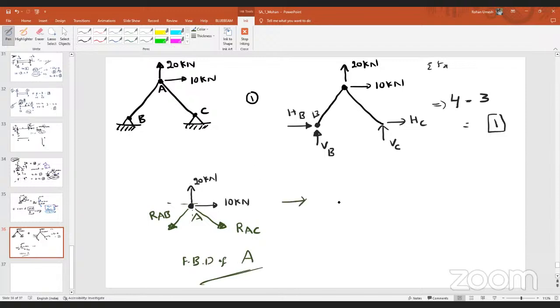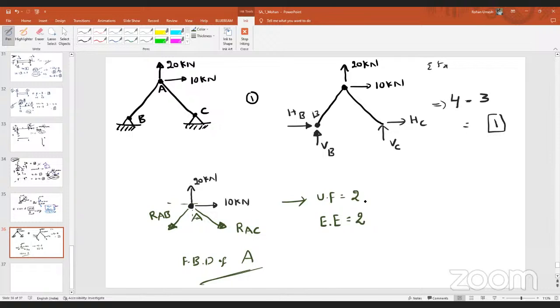Now tell me, how many unknown forces are there? 2, right? So here we are taking equilibrium of a point. If you are taking equilibrium of a point, how many equilibrium equations do we have to consider? 2. Is it clear why we consider only 2? Because when we resolve, this becomes a horizontal and a vertical.